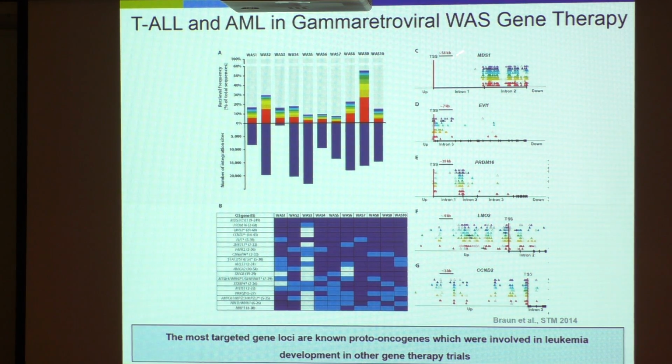What is common to all of these patients, when we looked into the peripheral blood over time at where the vector was located and which clones were existing?